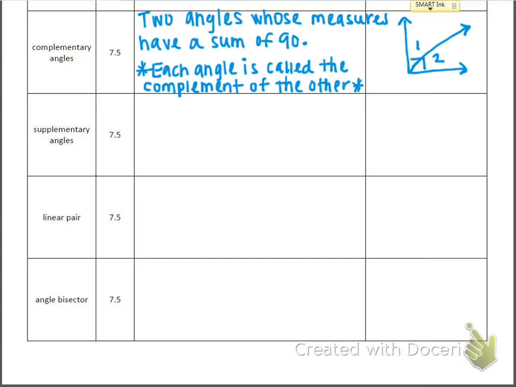So if we have a name for angles that add up to 90, and that's complementary, any guesses as to what supplementary is, Lily? 180. Not 100, 180. So supplementary angles are two angles whose measures have a sum of 180.